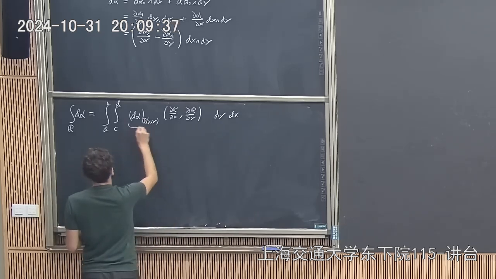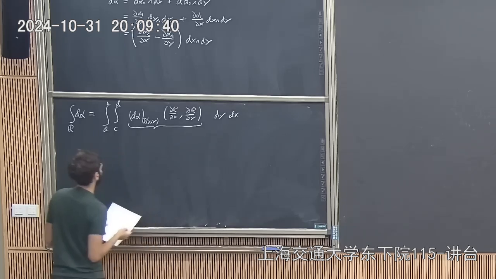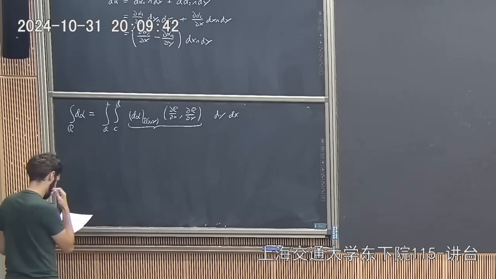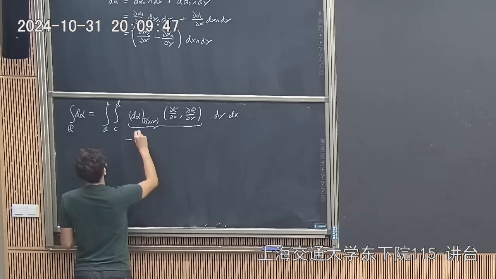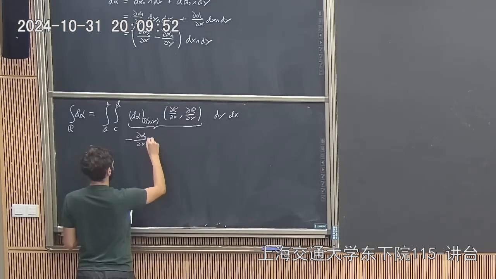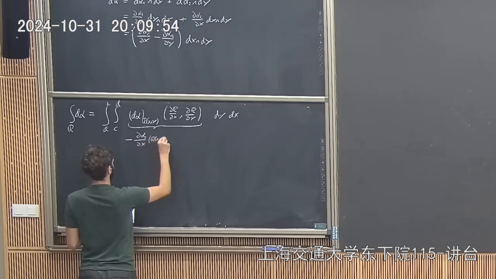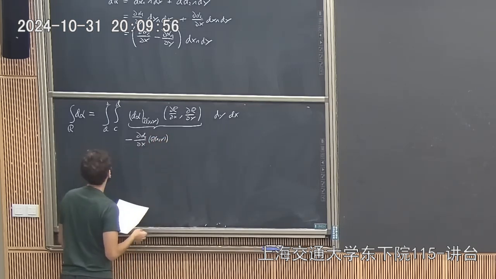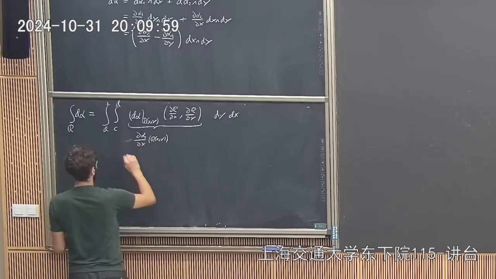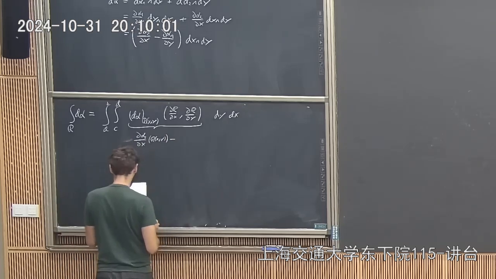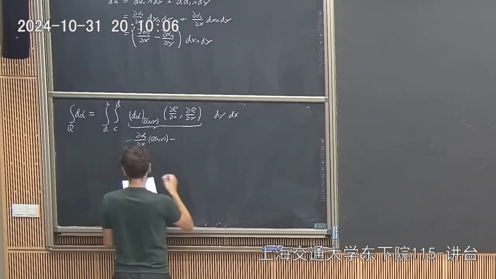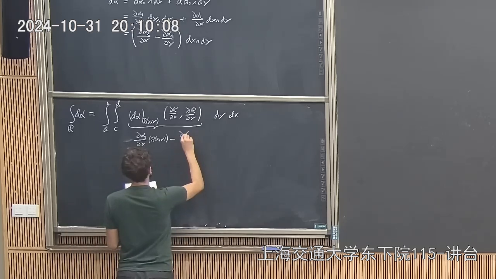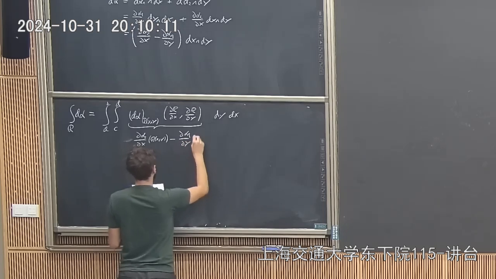Using this formula up there, what we obtain is minus d alpha 2 over dx evaluated at R of x, y, plus minus d alpha 1 in the y direction.